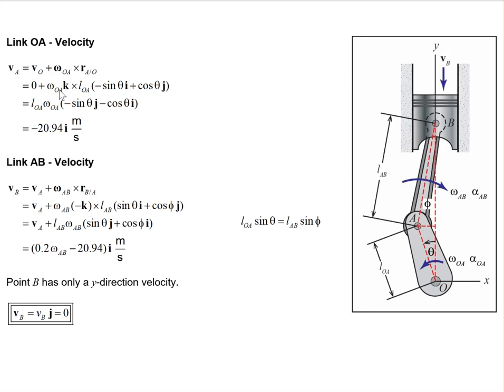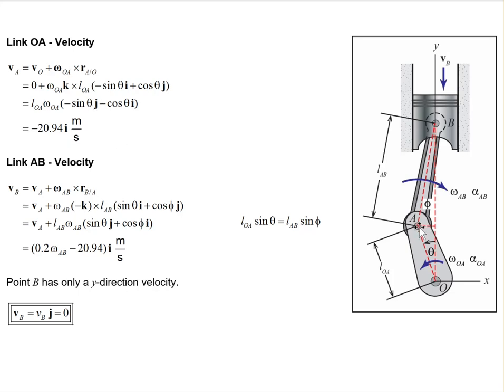We assume that OA is in the K direction, and then we just decompose the distance from O to A into the X and Y coordinates. So we have X and Y. Then we take the cross product. Make sure you look at the cross product, make sure everything makes sense to you. So K cross minus I is minus J, K cross J is minus I. Alright, we plug in everything we know, including that theta equals 0, and we get a velocity for A.